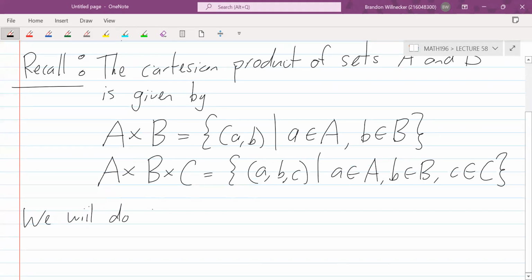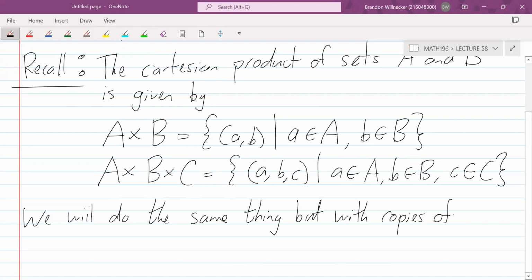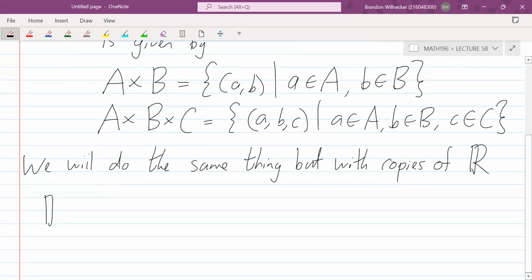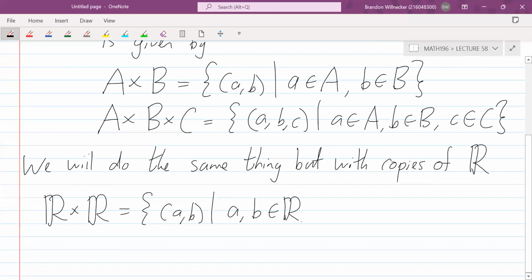So we will do the same thing, but with copies of R. Okay, so we're going to take the set of real numbers and do the Cartesian product with itself. So we can look at R cross R, and as a set, this is equal to (a, b), such that a and b are both from the real numbers.